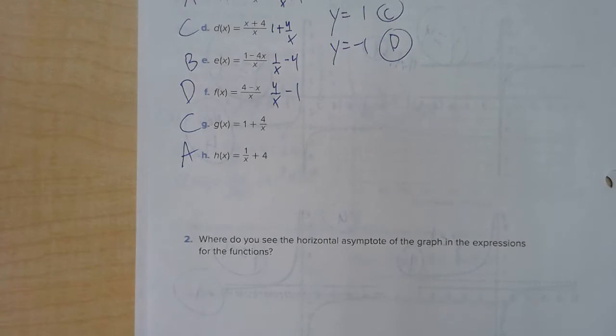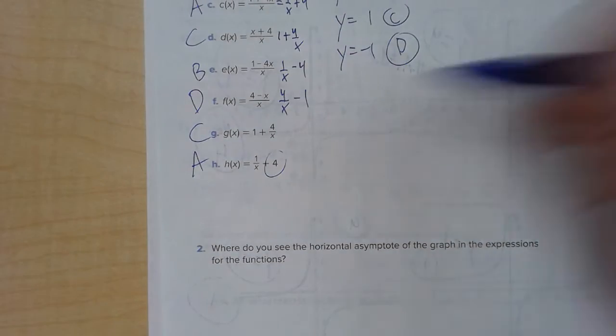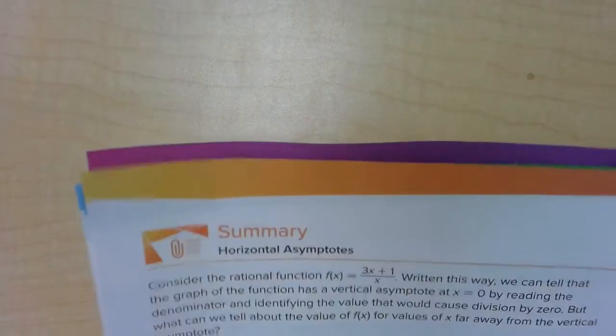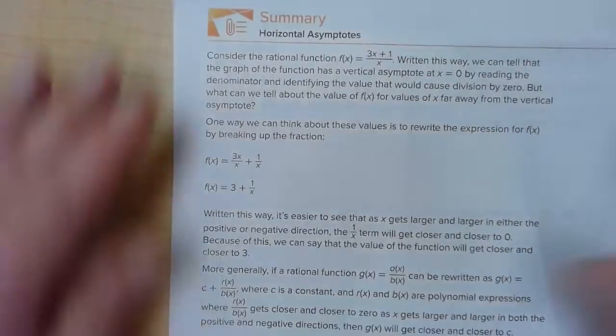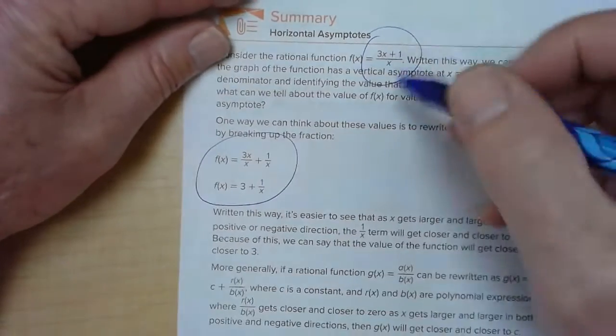Where do we see the horizontal asymptote of the graph in the expressions for the functions? So it has to do with that constant right there when we have that rational function. Okay, so here's the connection.